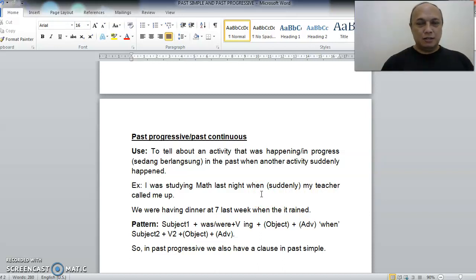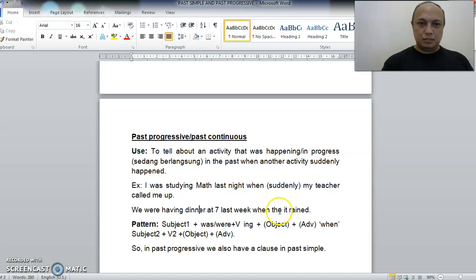So that's the important point of past continuous or past progressive: something that was happening in the past when suddenly something else happened. Remember that.